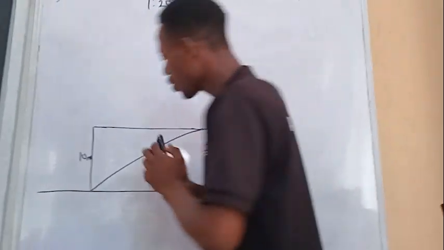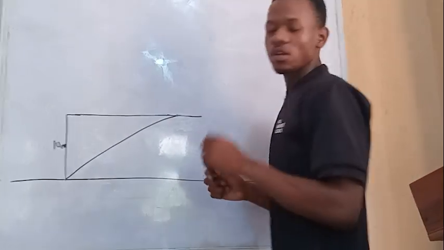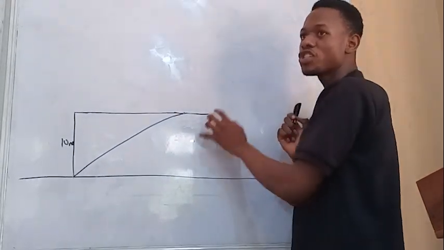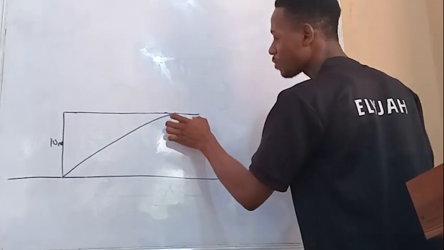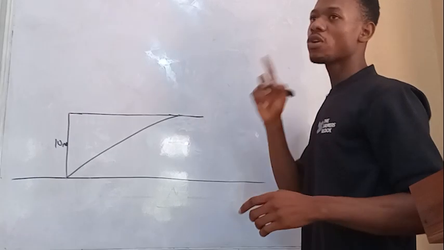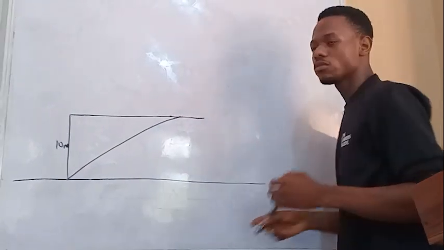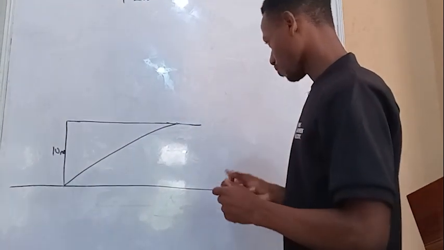After you join this point to this point, according to the question, we're given the distance from here to here, which is 2.5 meters. But because of our scale, we are not going to measure 2.5 directly. We are going to measure 1.25. That's 2.5 divided by 2. So just mark it and join.